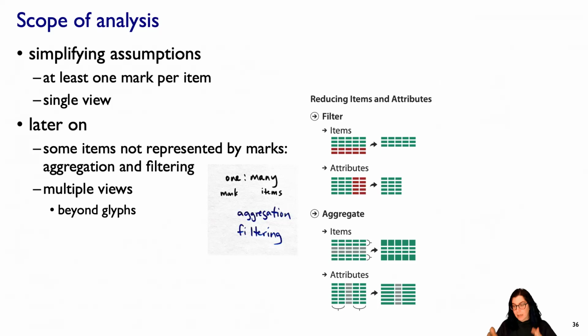And that's going to be using aggregation and filtering. We're going to talk about the idea of multiple views. So it's sort of even more complex than this idea of a glyph we talked about. We're going to talk about actually having multiple views, often side by side. So that's coming up. But for now, we're going to stick to what we can analyze with both simple marks and compound marks of glyphs and our visual channels, because that's a base for thinking about visualization.